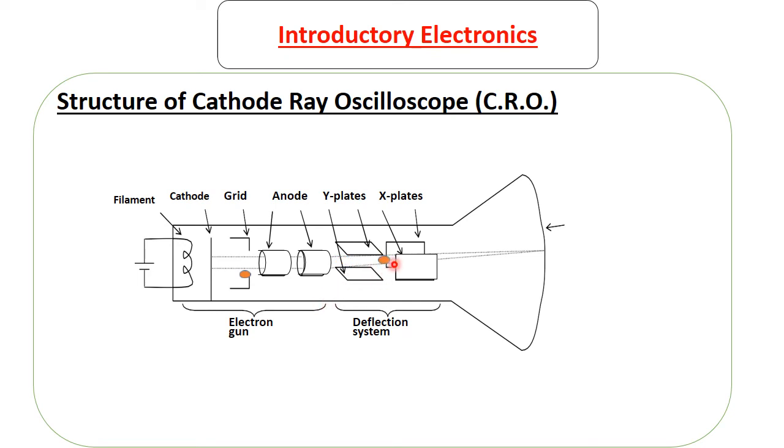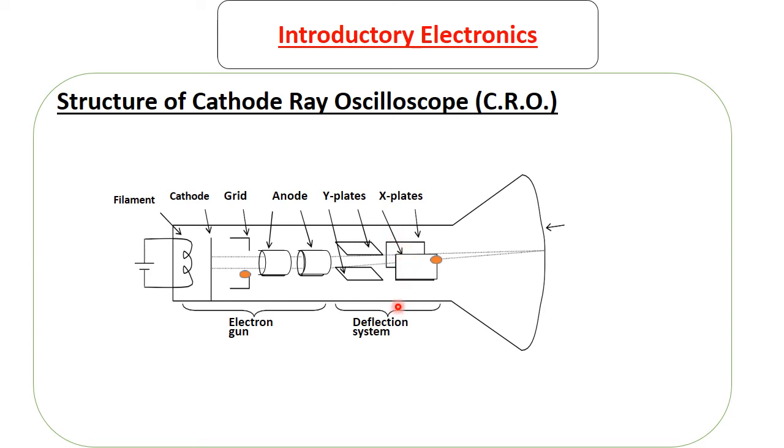Then the X plate, if you want to push your image to the left or to the right, the X plate is going to deflect the electrons left or right, like this. The electron has to pass in between these two plates. I did not do my animation very well.